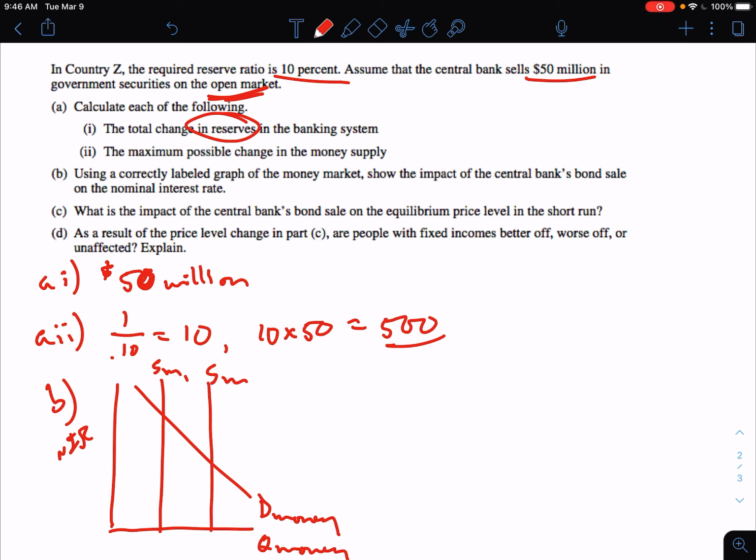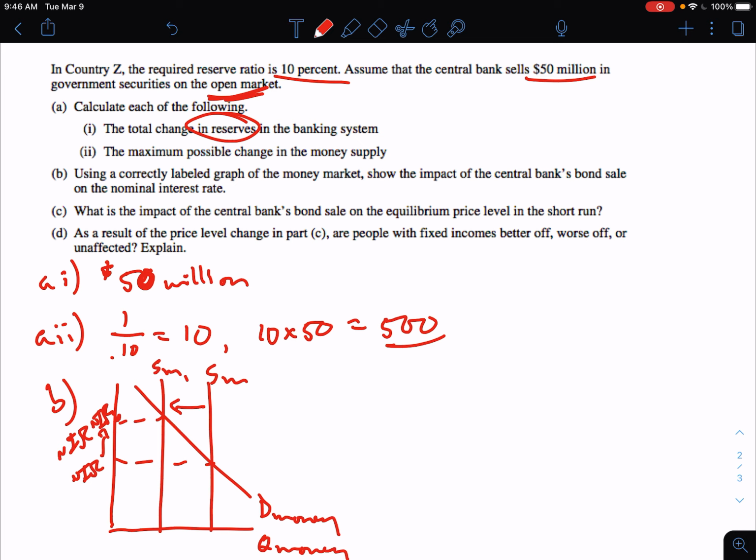And remember, selling makes small, so we go from this lower nominal interest rate to this now higher nominal interest rate. There should be a 1 there. So that is what you have there.